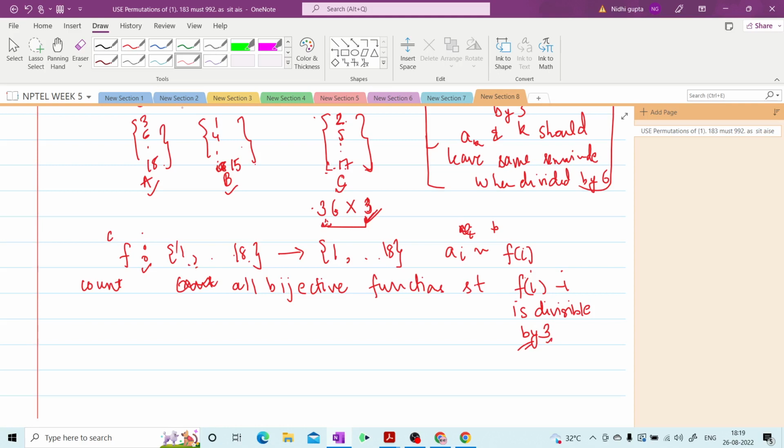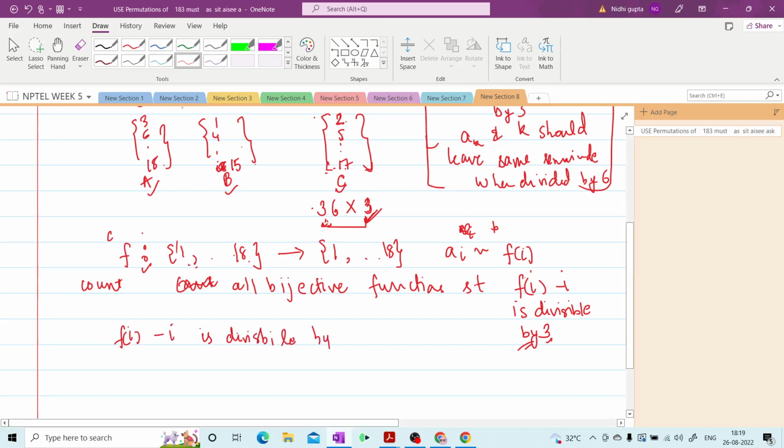So see, your first step was correct. So now you want f(i) minus i to be divisible by 3. This implies that f(i) and i should belong to the same group, right?